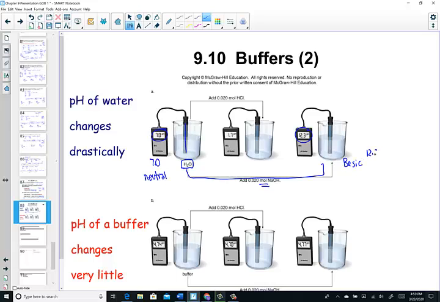It goes to 12.3 pH units very quickly. And if I were to add a strong acid to the beaker of water here, the solution becomes quite acidic very quickly. And that makes sense. When you add an acid to water, it should become acidic. When I add a base to water, it should become basic.